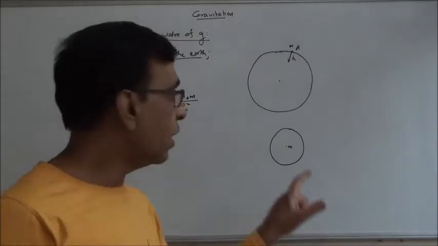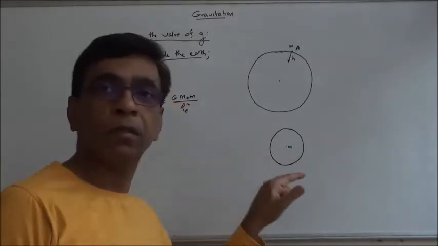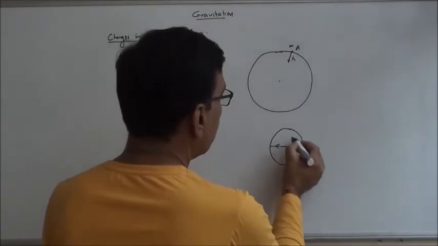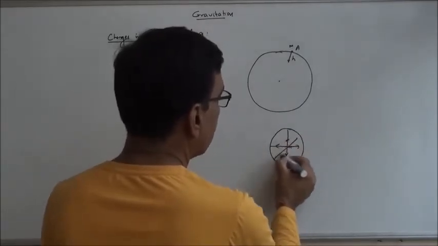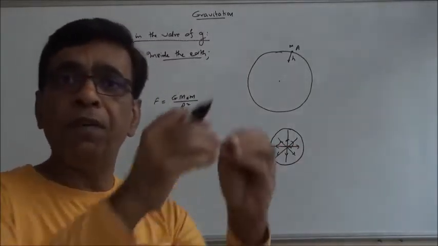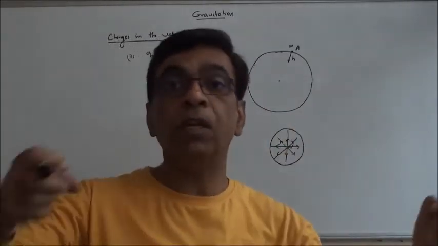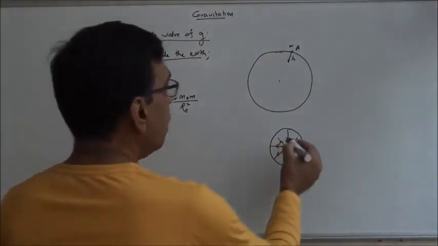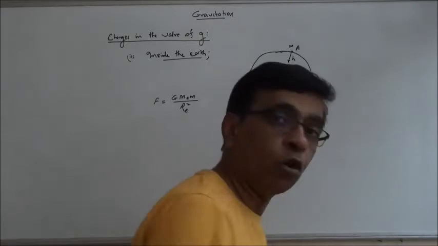What is the net gravitational force on this m due to this? It will be zero, because it is equally attracted from all sides. So net force on it is zero. Every part of the shell is pulling towards itself, but for every part there is an equal and opposite part also.